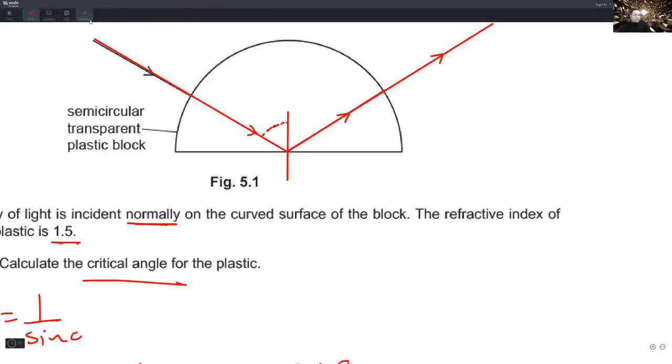How can I tell? Do you see this? I'll teach you what I do. Do you see this? This is supposed to be 90, right? What's the bisector of 90 degrees? 45 degrees. Okay, just by looking, it's 45 degrees.